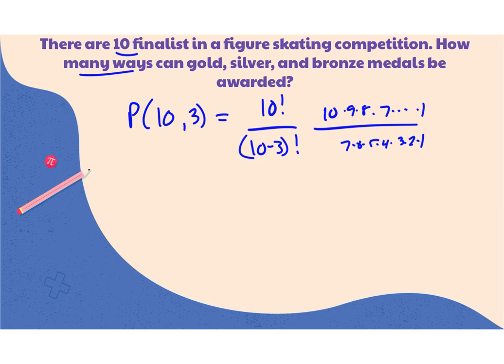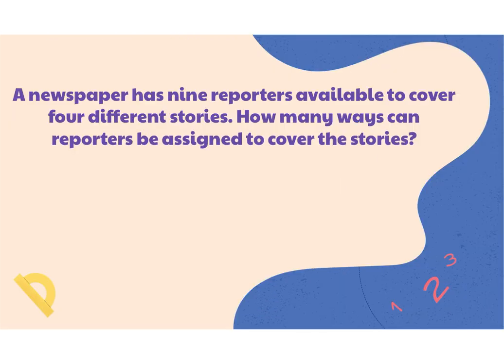When I do that, I'm going to get 720. So there's 720 different ways that can be awarded. Okay, but the order matters. It matters if you get gold, silver, or bronze.